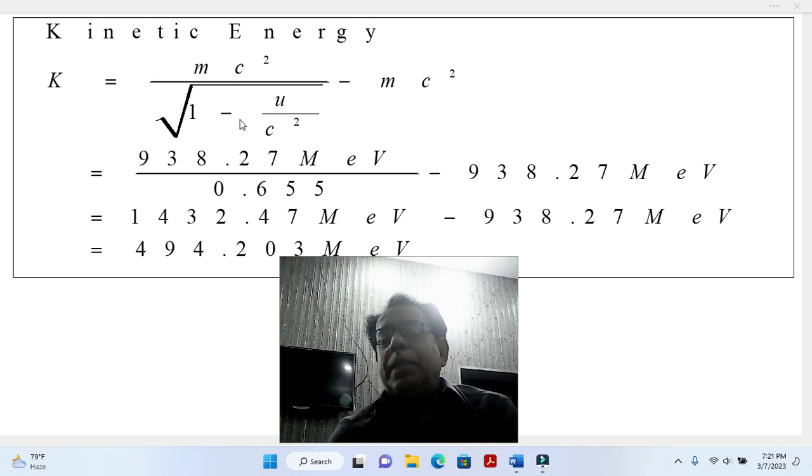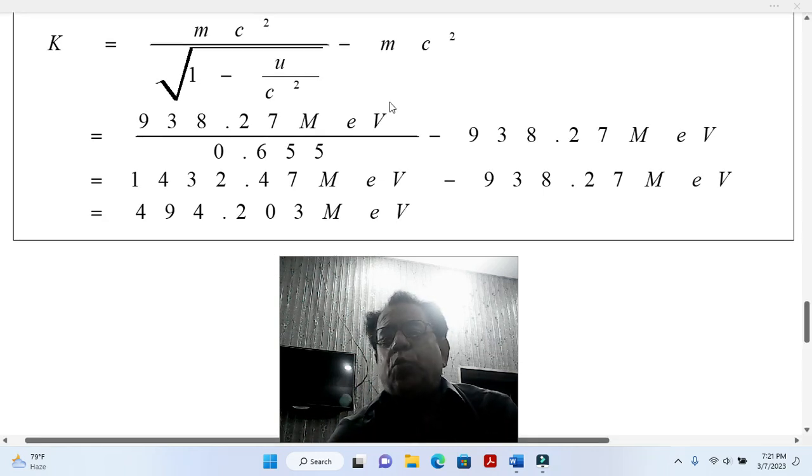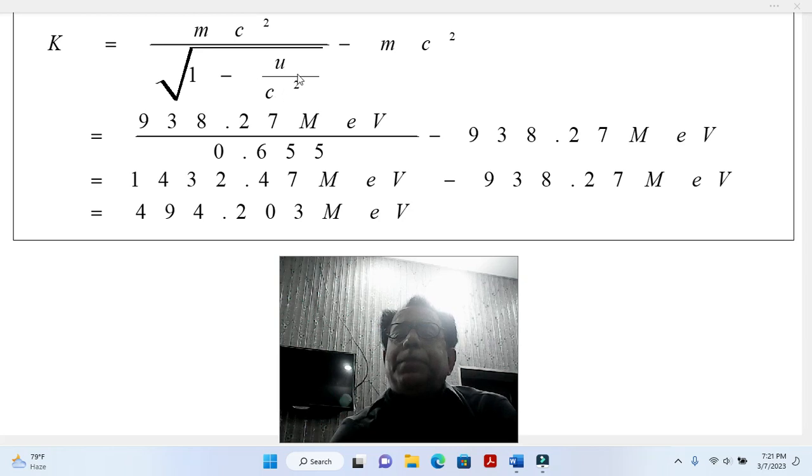So instead of such a lengthy process, it is quite sufficient that I point out here that there is a minor mistake: u is not single but it is squared. So it is mc square over under root 1 minus u square over c square, minus mc square. Dear students, in place of mc square we have used the value 938.27 million electron volt.